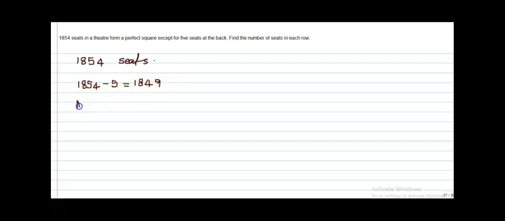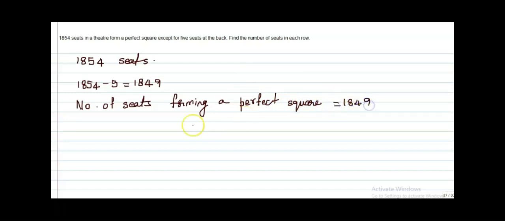Number of seats forming a perfect square is equal to 1849. So what will be the number of seats in each row? Is it not the square root of 1849? Yes.